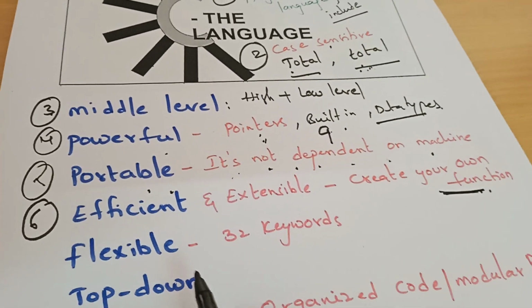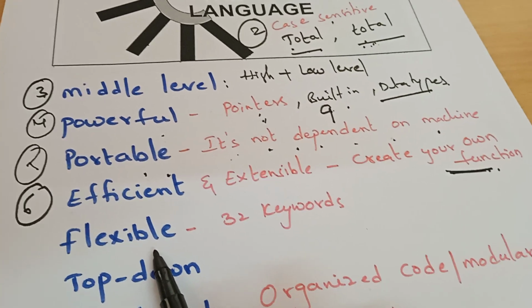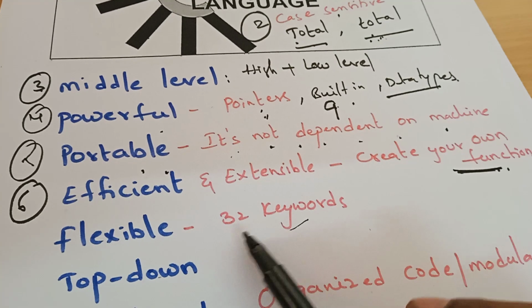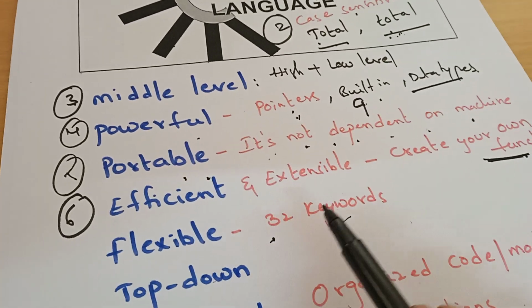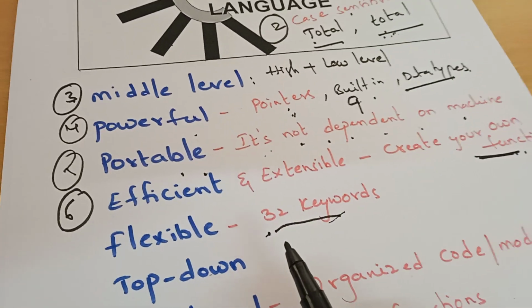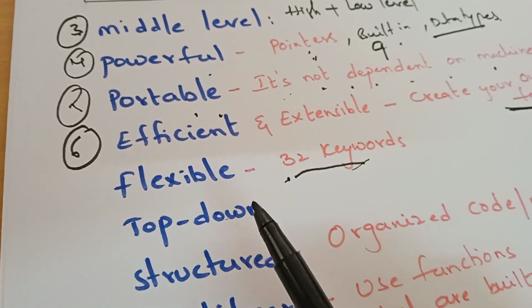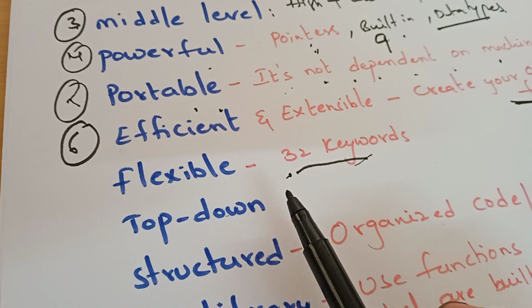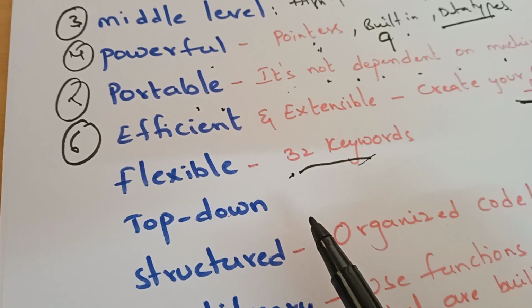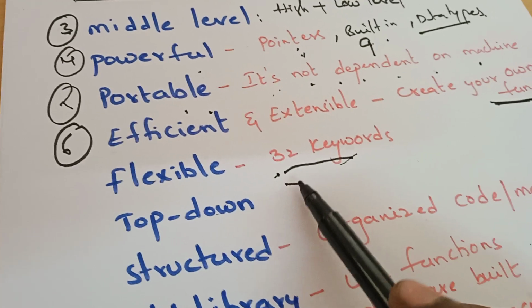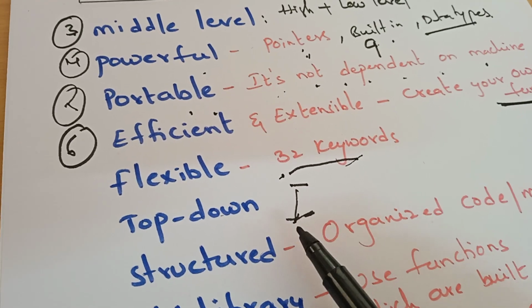And the next feature is it is very flexible to learn and understand, because it supports only 32 keywords. It supports only 32 reserved words. And the next feature is it is top down. That is, C programs execute with a top down approach, starting from the first line and going till the last line.